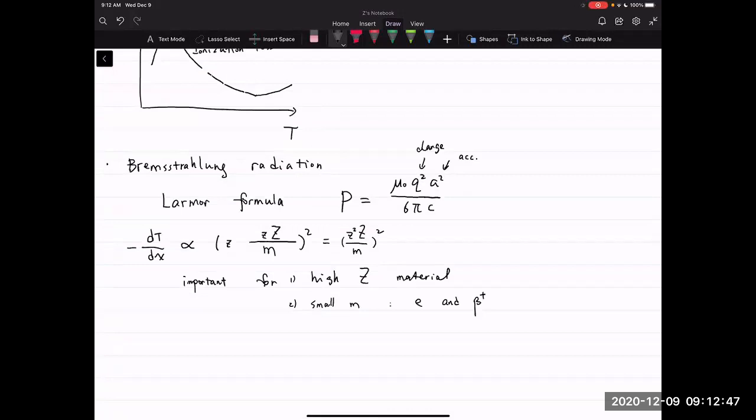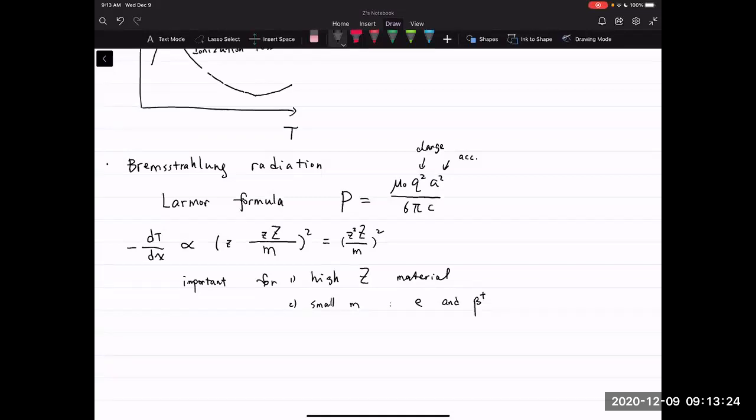With this derivation, we'll see the Bremsstrahlung radiation is related to the slowing down process of the charged particle, more specifically the acceleration squared, and since acceleration is inversely proportional to the mass, overall the stopping power due to Bremsstrahlung radiation will be inversely proportional to the mass squared.